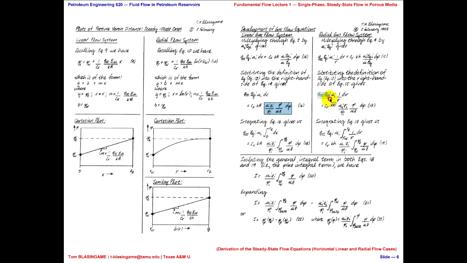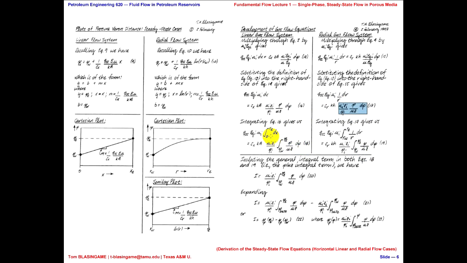We have Q SC BGI, same as on the other side, mu I. And then we have this 1 over R dr, which is due to the geometry of the problem. And then we have the coefficient CR, we have KH, and then we have mu I Zi over Pi, P over mu Z dP. So the right-hand side of this term here and here are the same.